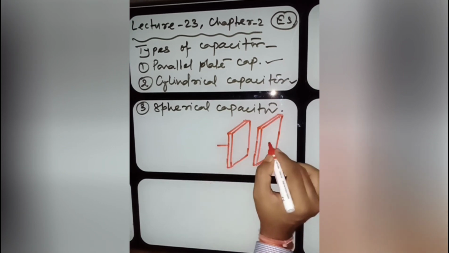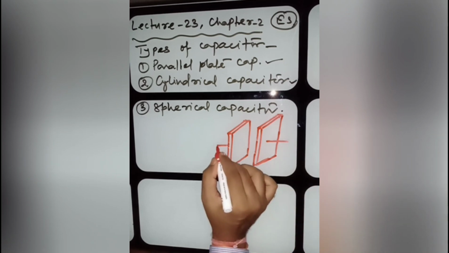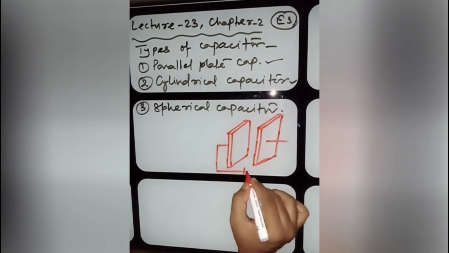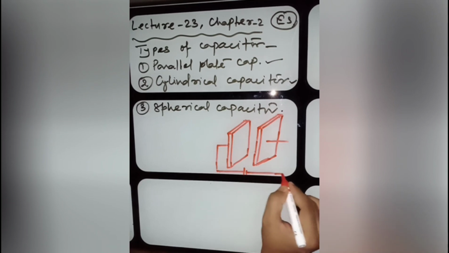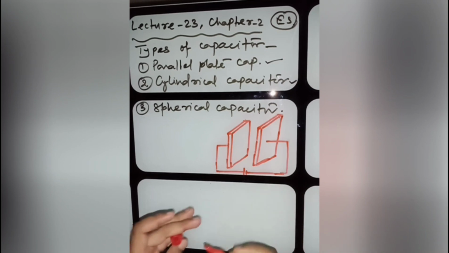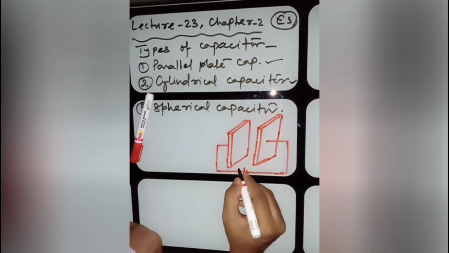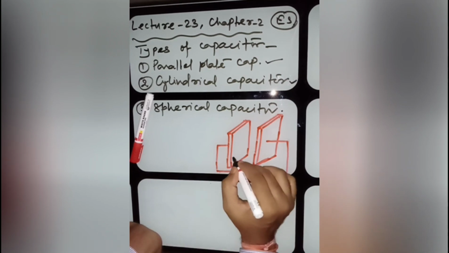I am connecting these two plates with the battery to provide the potential difference. This is the positively charged section, this is the negatively charged section.